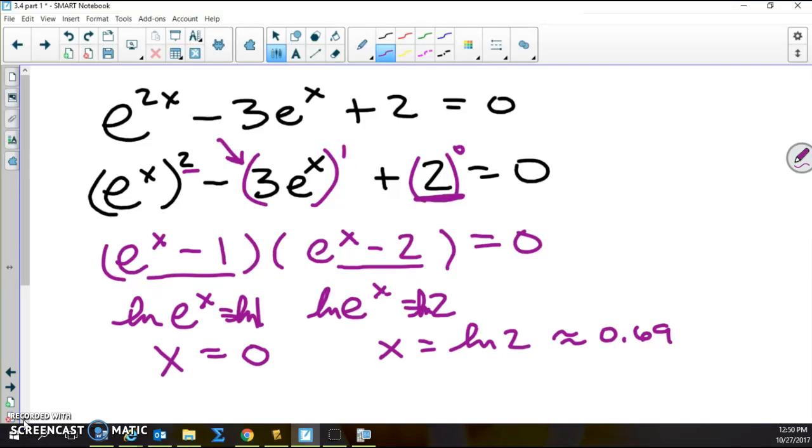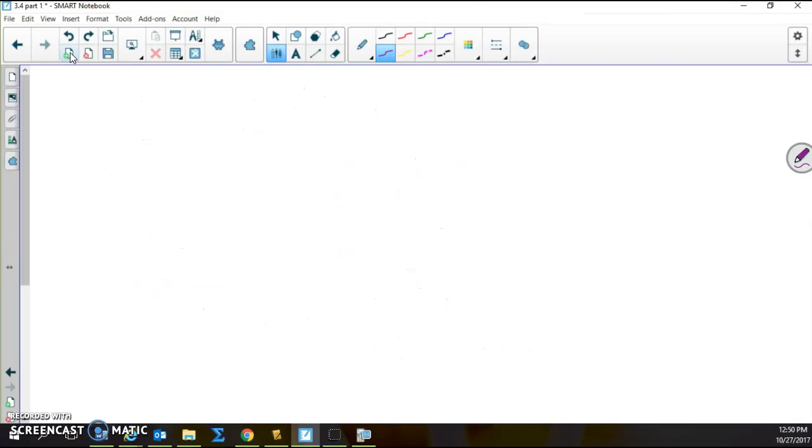Another strategy we find at the top of page 213 is solving logarithmic equations. You can write it in exponential form, and they give us the example natural log of x equals 3. We remember our inverse properties. If we raise both sides of the equation as an exponent of e, we're using the same exact operation.